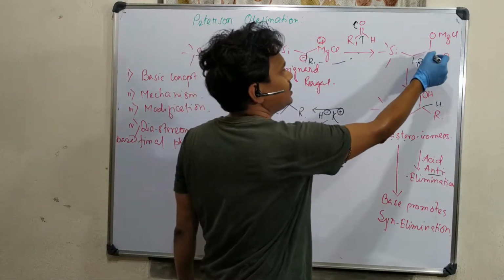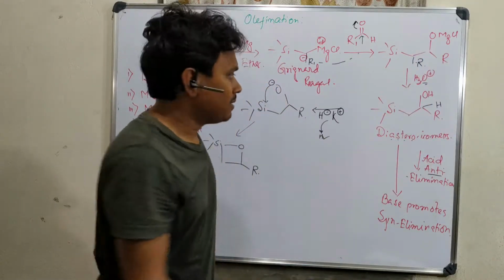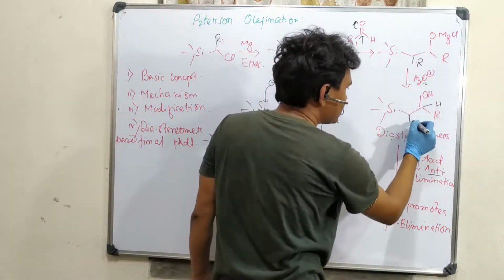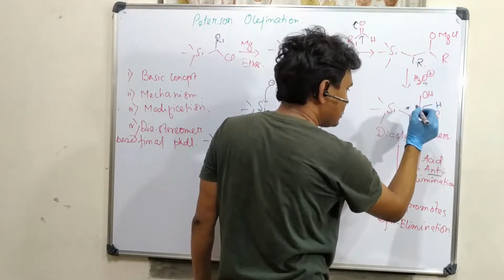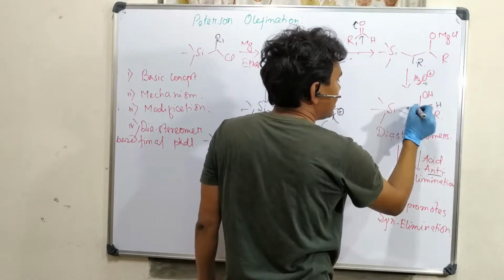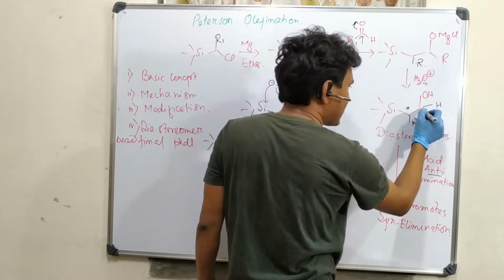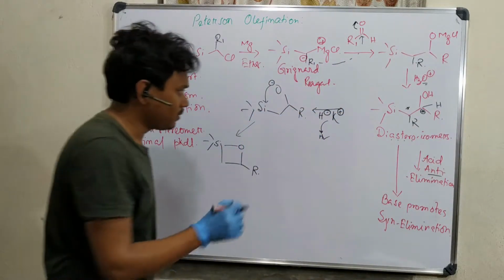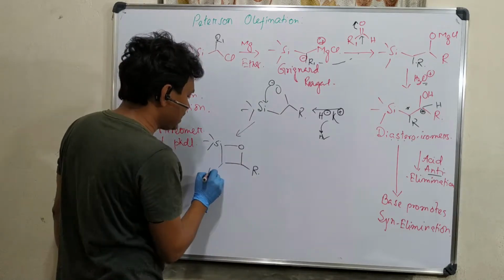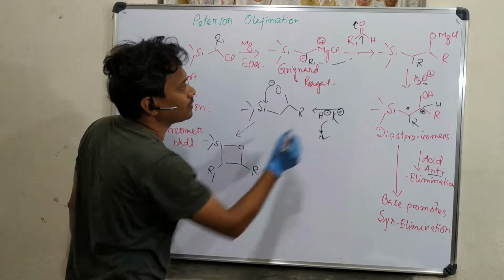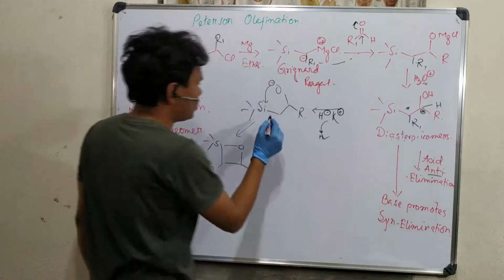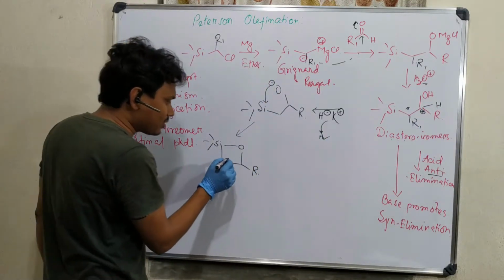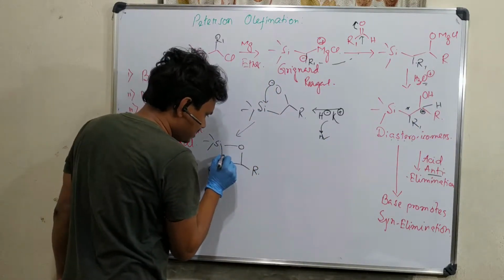Because if it were CH2 then it could be an enantiomer. But here, with R1, there is one stereocenter and another, so there are two centers, and that's why it's a diastereomer. So this is a 4-member ring and it undergoes elimination.